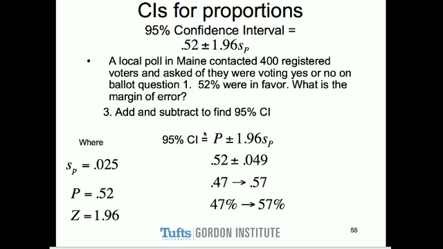Okay, so for this to decrease, if you recall, this is 0.025, so this by itself is 2.5%. To have a better confidence interval, okay, you would need to increase your sample size from 400, okay? And that is the example for confidence intervals for proportions.